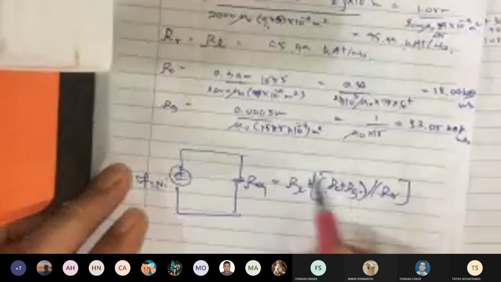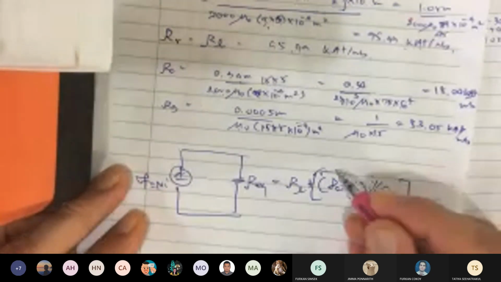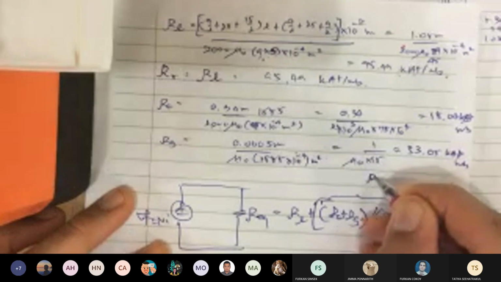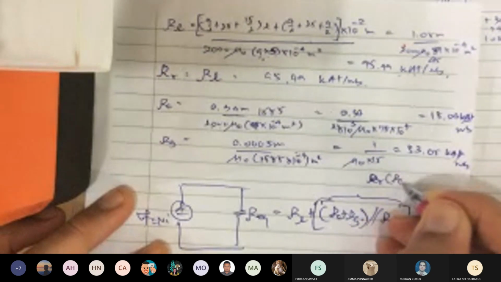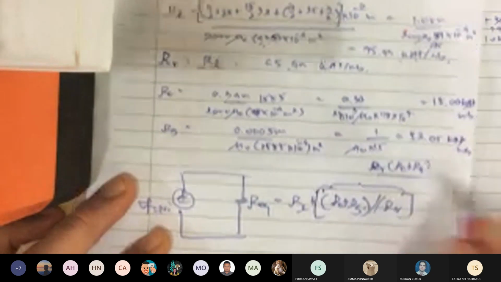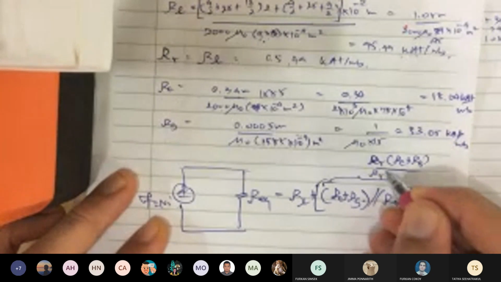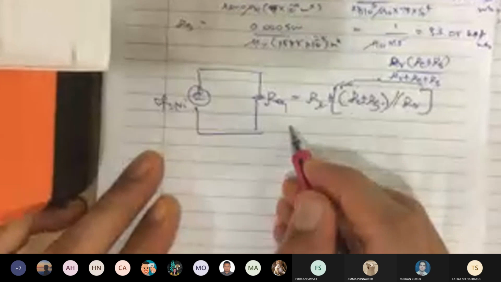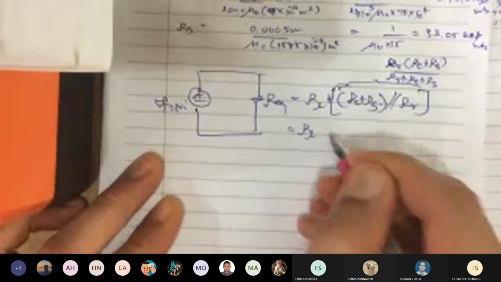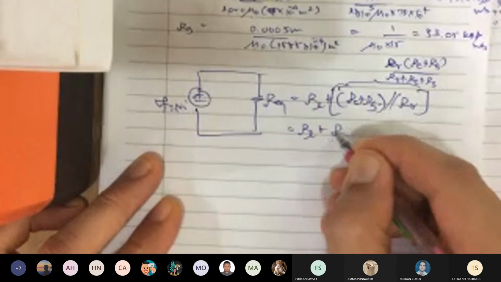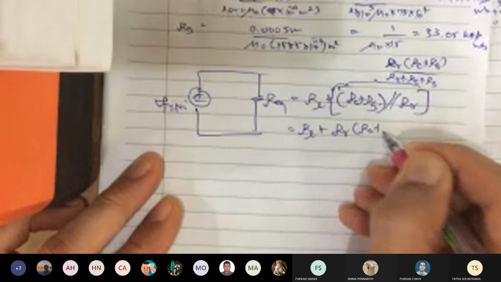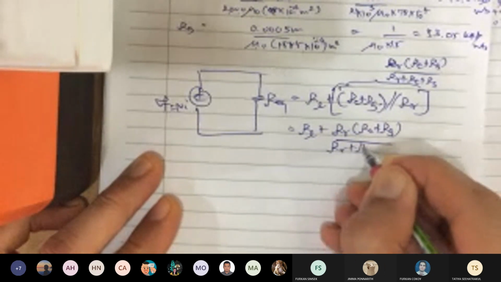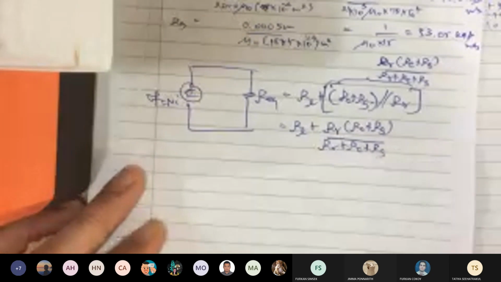Okay, this in the bracket here equals R right times RC plus RG divided by the sum, which is R right plus RC plus RG. So the final one would be R left plus R right times RC plus RG divided by R right plus RC plus RG.